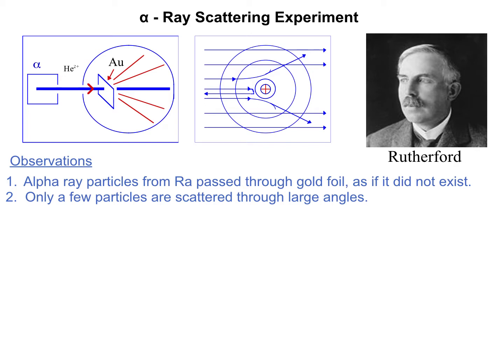What do I mean by this? Let's say you have the atom drawn like this, with a few circles and a plus charge in the center. The particles pass through the atom as if nothing existed in it, until one of the particles approaches very close to the nucleus, and then it is suddenly deviated by a large angle.